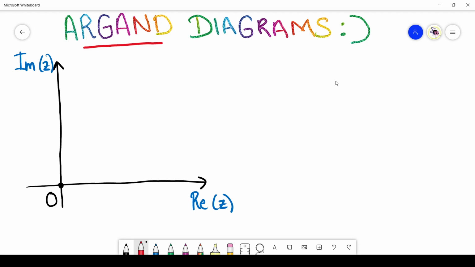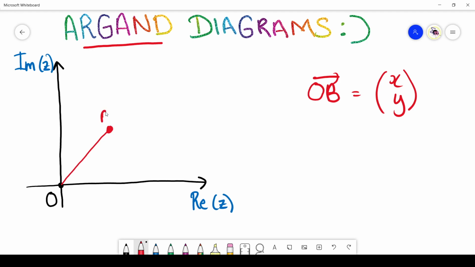And it's actually very straightforward. Complex numbers are just like vectors. They're like straight lines. For example, when you have a position vector, like OB, it has a specific format, and this simply means that you have a vector starting from the origin, ending somewhere here, and in order to plot it, this would be the x value, and this would be the y value, right?